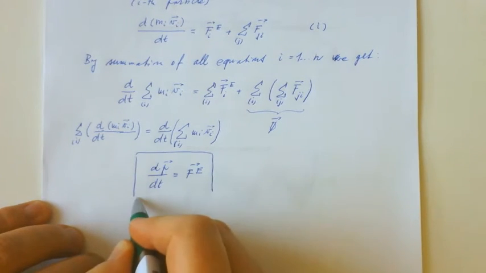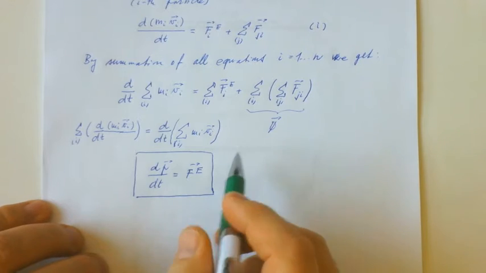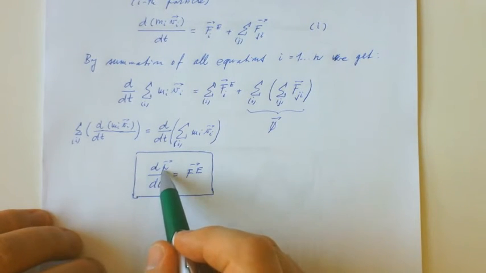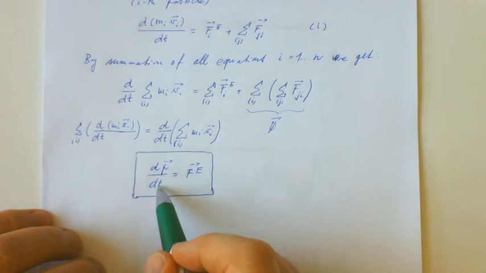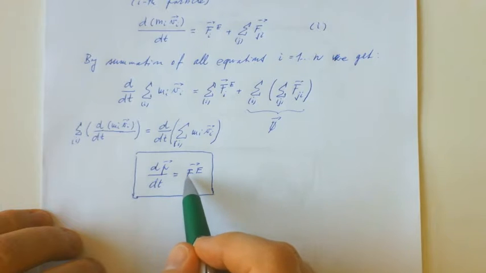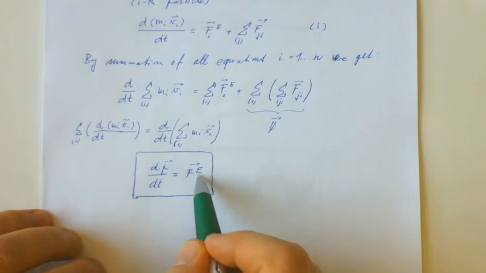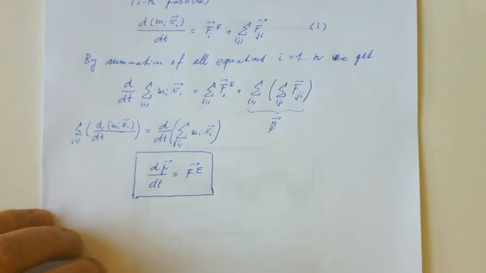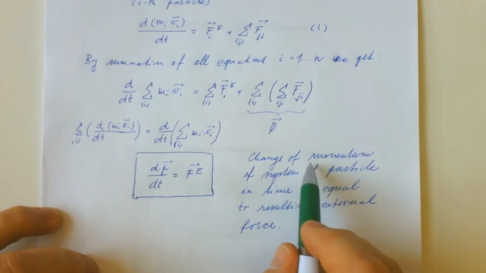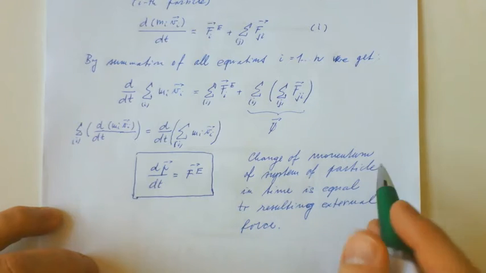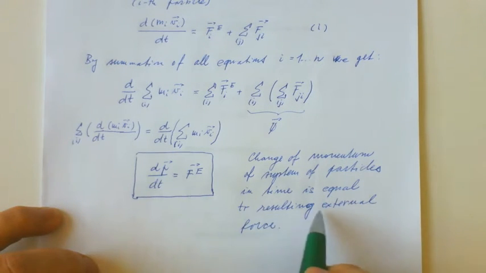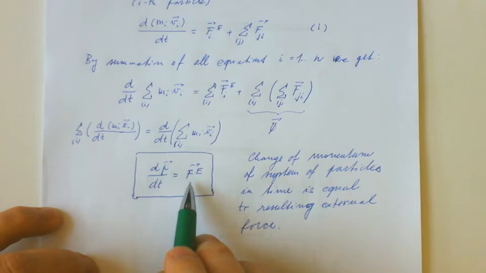Okay, so this is the final law, that the momentum of a system of particles changes in time under the action of external force only. So it is written here, change of momentum of system of particles in time is equal to the resulting external force.